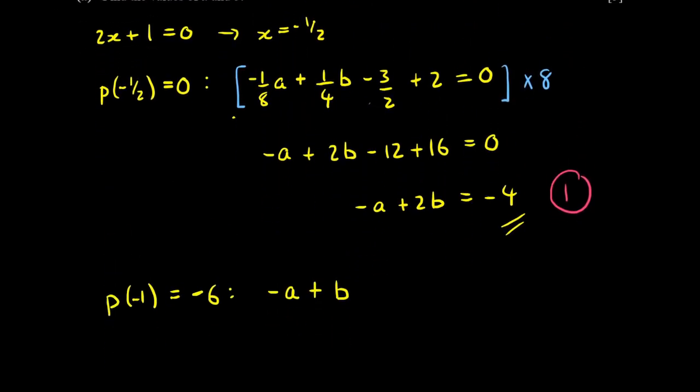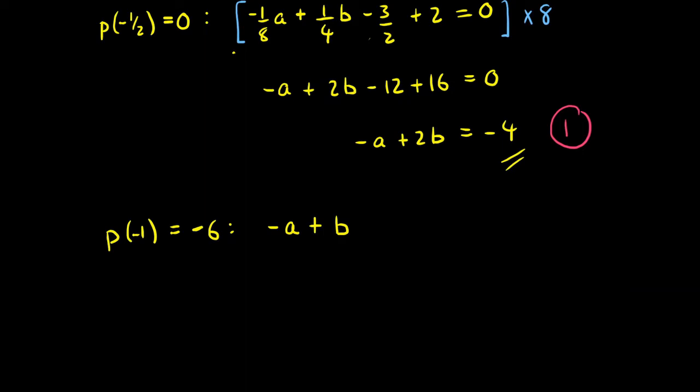Plus 3 times -1, so that's -3. And then plus 2 is equal to -6. If I simplify that, I get -a plus b is equal to -3 plus 2, which is -1. I add 1 to both sides, I get -5. And so that's my equation 2.